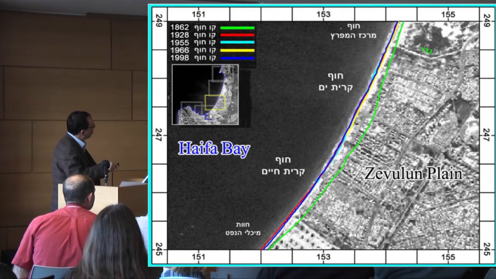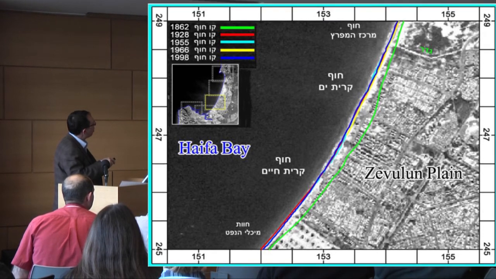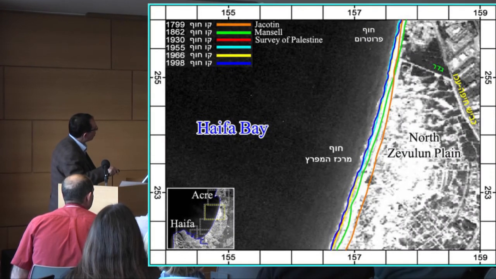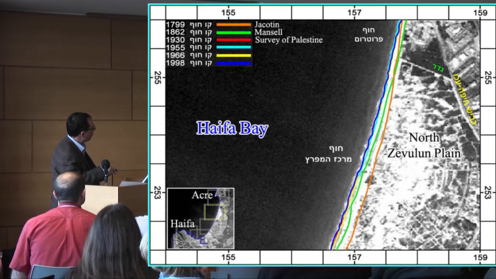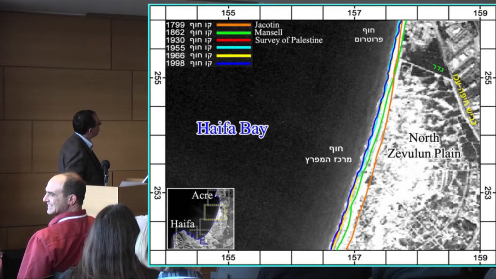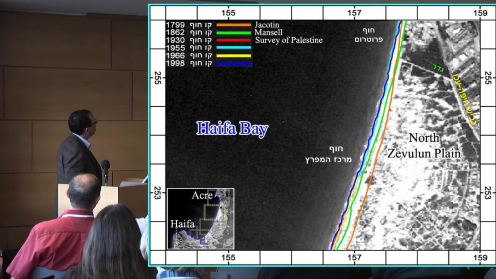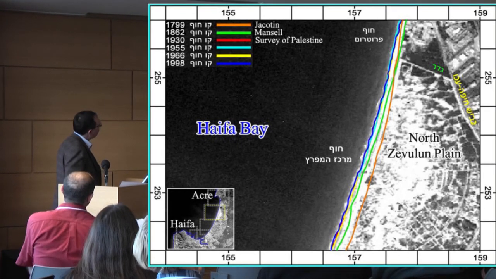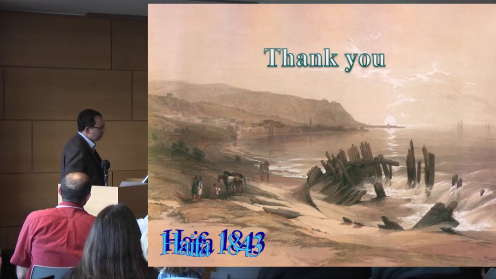So that's the coastline in Mansell, 1862. If you're looking northward, you can see the coastline from Jacoten, Mansell, and then after the construction of Haifa Port, it froze, and until today remains the same. More than, let's say, more than 80 years, everything remained the same. Thank you very much.